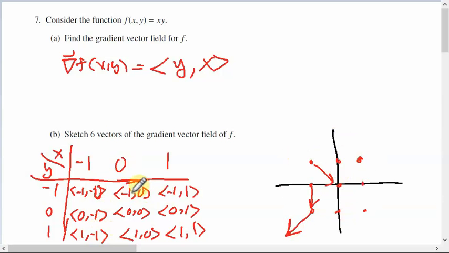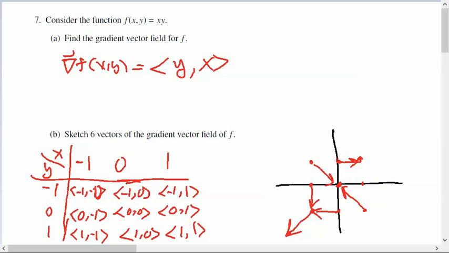Next, I got 0, -1. 0, -1 is here, and I'm going to plot -1, 0, so it's going that way. Then I've got 0, 0. There's nothing happening there. Then at 0, 1, it's going 1, 0, so it's going there. And then the last one, at 1, -1, this is going -1 in the x, but 1 in the y.